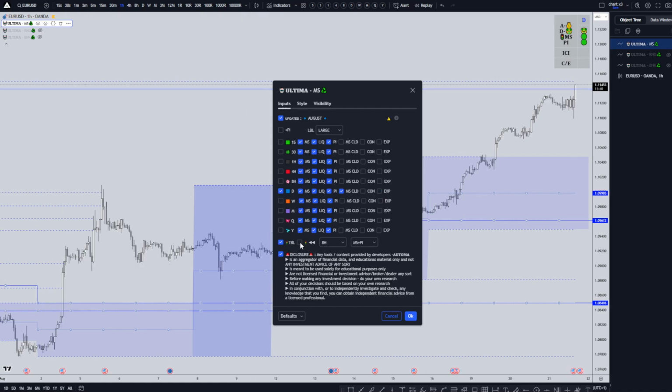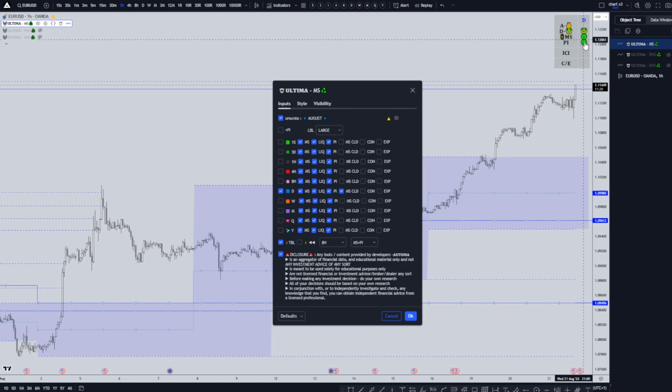So if you go all the way here, as I said, this is the prime setup table which shows accumulation distribution and what condition is for market structure, what condition for power index, and it shows whether we have prime condition or not.